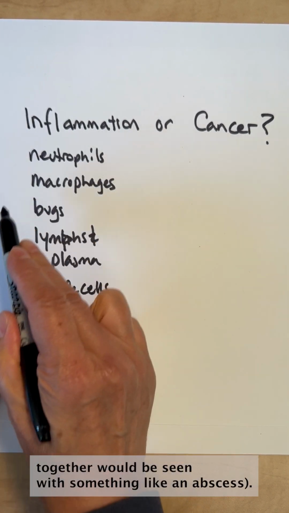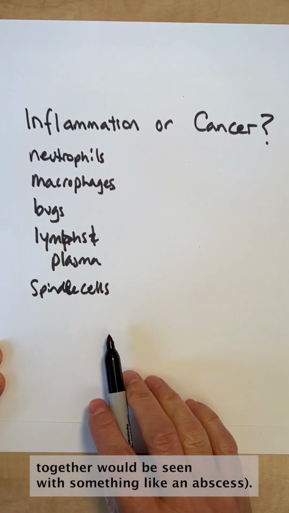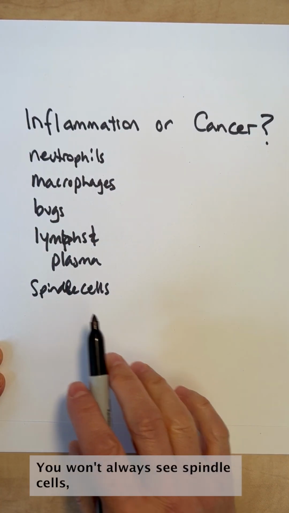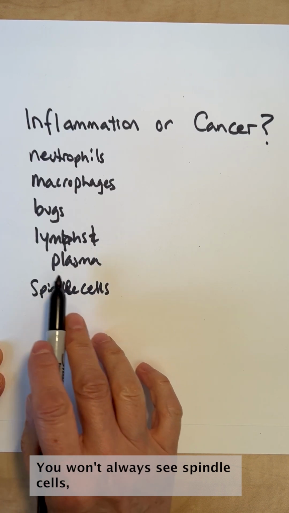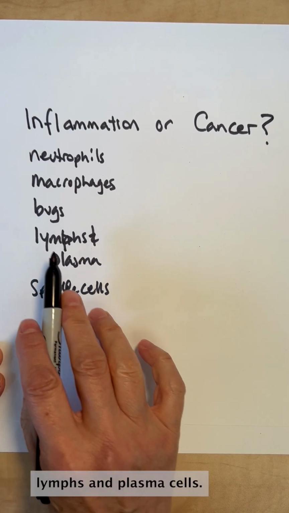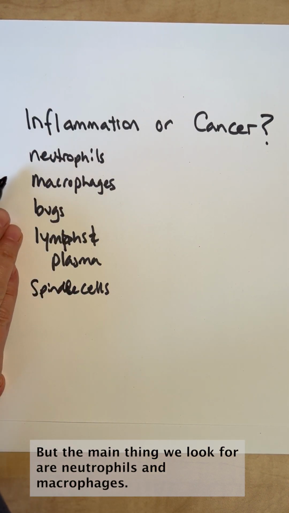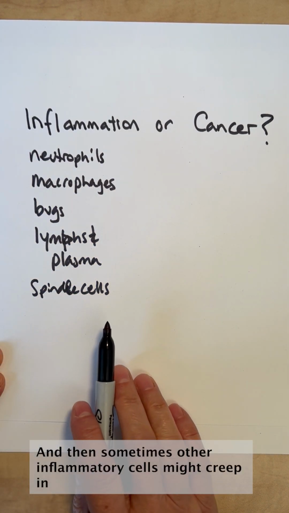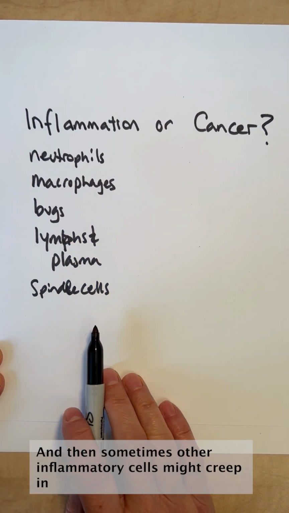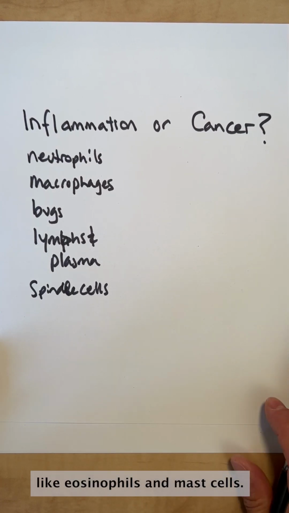Because all of these together would be seen with something like an abscess. You won't always see spindle cells, lymphs and plasma cells, and you won't always see bugs. But the main thing we look for are neutrophils and macrophages. And then sometimes other inflammatory cells might creep in there, like eosinophils and mast cells.